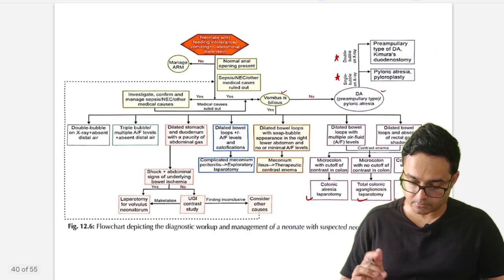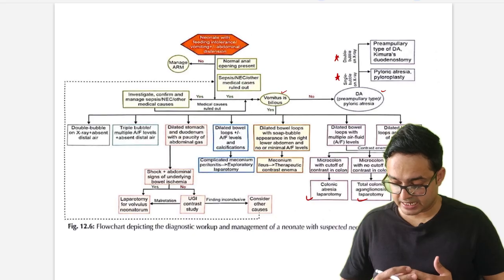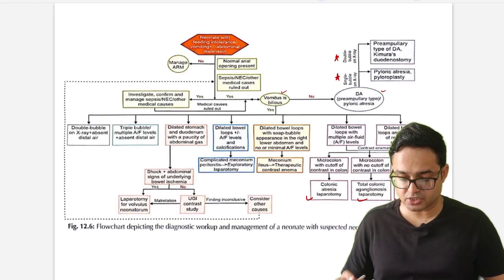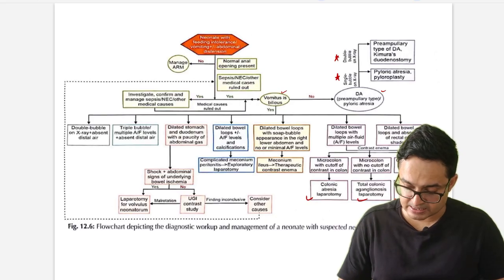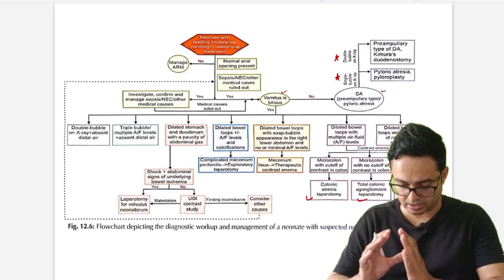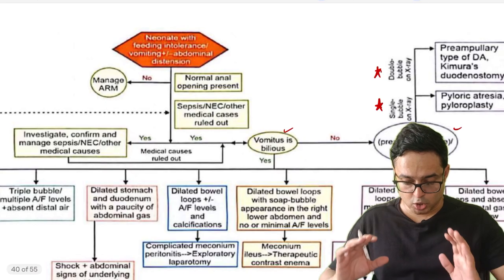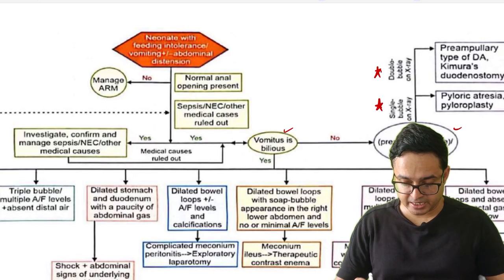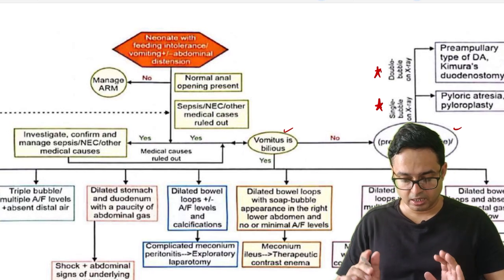Okay. So this is a flow chart for suspected neonatal intestinal obstruction. Just pay attention to this. This is very important. I'll discuss this chart by dividing it into multiple subtypes. Okay, so a neonate came with feeding intolerance and abdominal distension.